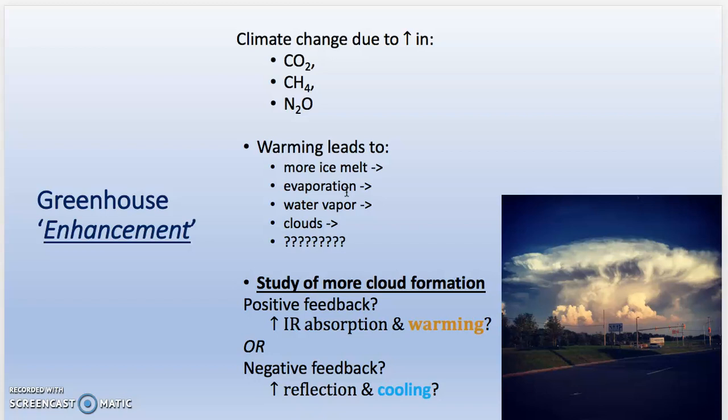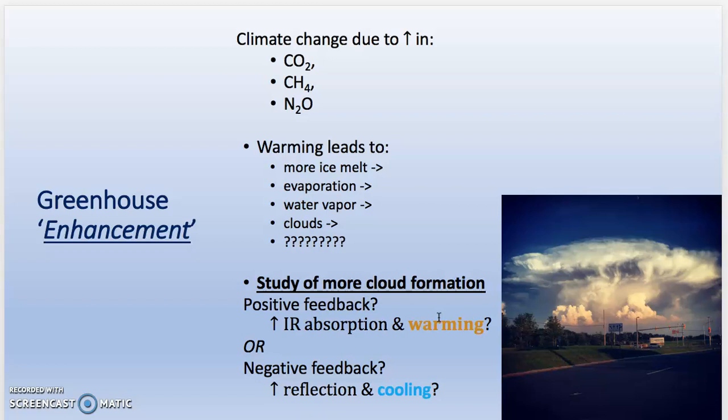Is this going to be a feedback loop that is positive, meaning that as the IR absorption increases with increasing greenhouse gases, we will have more water vapor and more clouds releasing more latent energy and warming the atmosphere even more? That would be a positive feedback mechanism, a circle that goes around that says more, more, more, more.